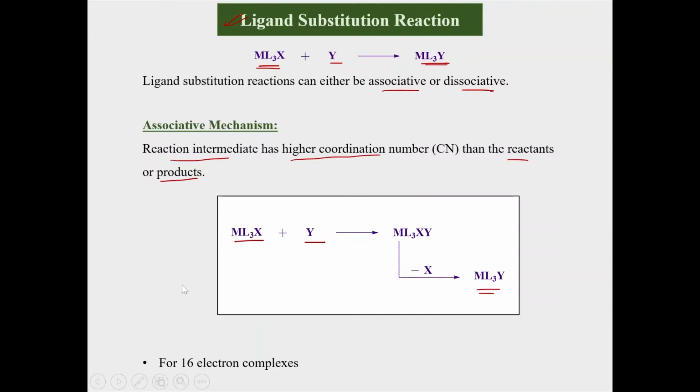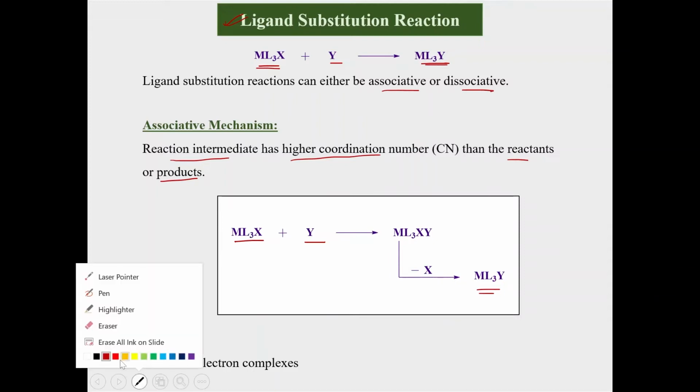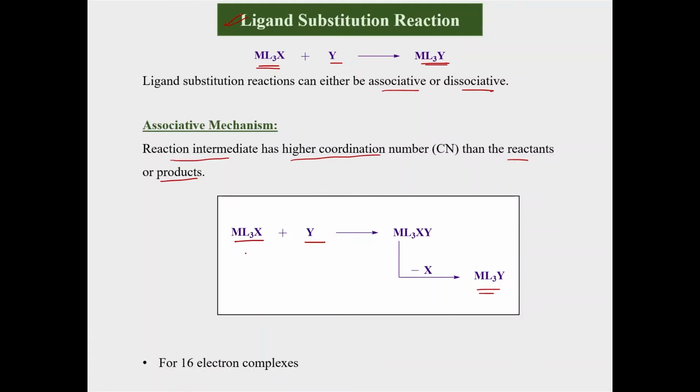So here ML3X has a coordination number of 4, ML3XY has a coordination number of 5 and the product has a coordination number of 4 again. This associative mechanism is observed for 16 electron complexes.